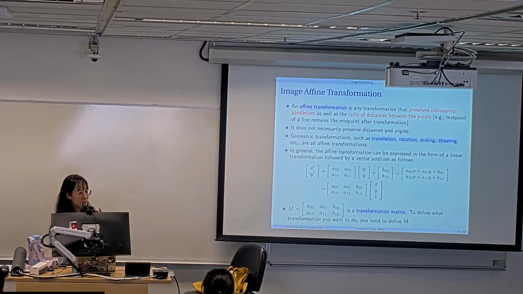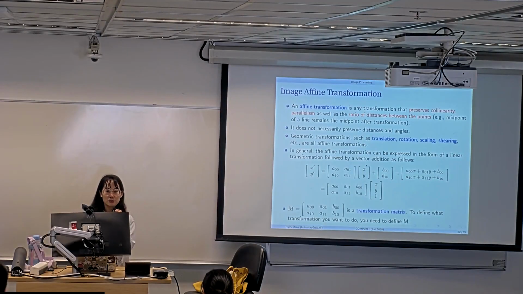And in general, if we want to represent the affine transformation using a mathematical formula, we can express it in the form of a linear transformation followed by a vector addition. That means for any pixel x, y, we know each pixel is specified by a coordinate, right?